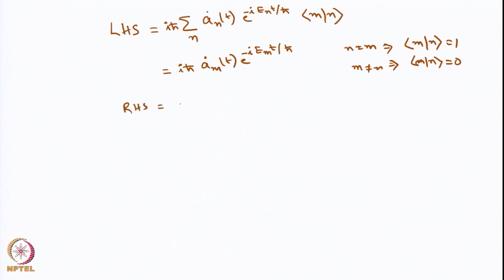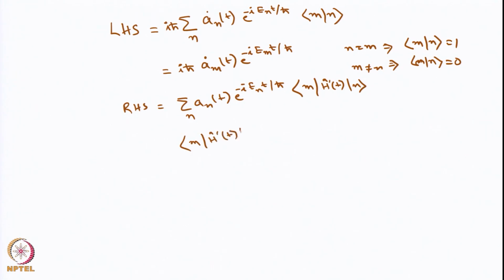Now, if you look at the RHS, this will be equal to Σ_n a_n(t) e^(-iE_n t/ħ) ∫ψ_m* H'(t) ψ_n. Now, this integral will be 0 if m is equal to n.